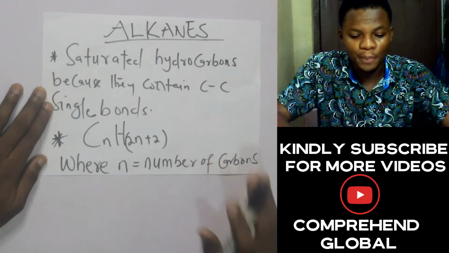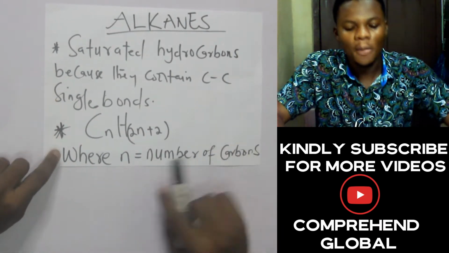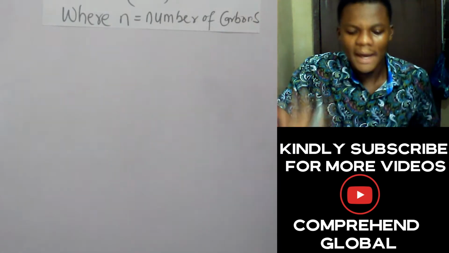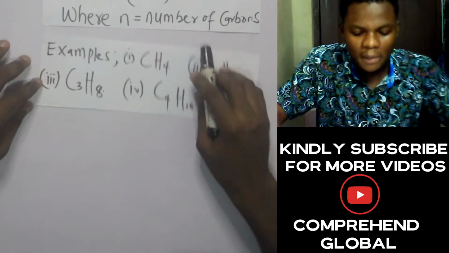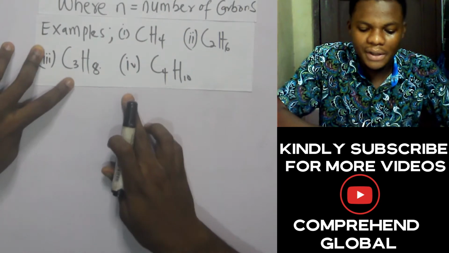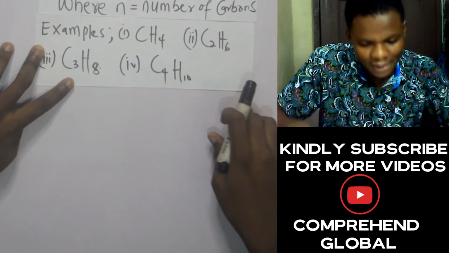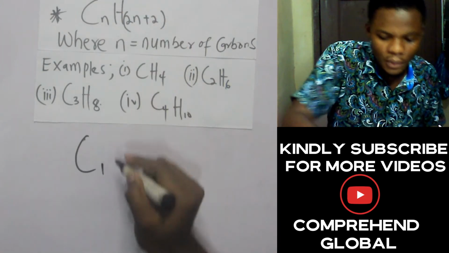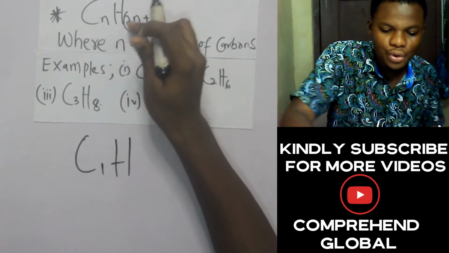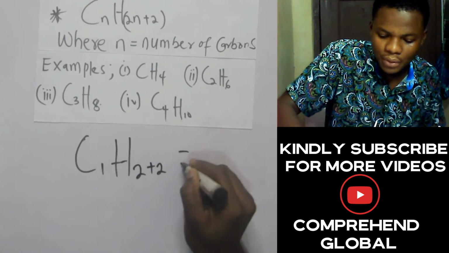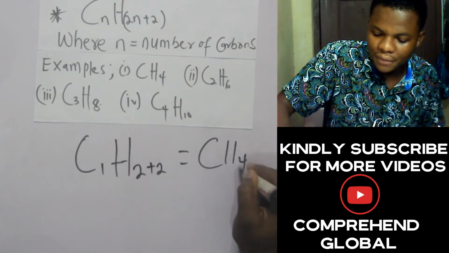CnH2n+2. That is the formula for alkanes, where n is the number of carbons. Examples of alkanes are CH4, C2H6, C3H8, C4H10. If carbon is 1, C1 with H, 2 times 1 gives 2, plus 2, giving you CH4.